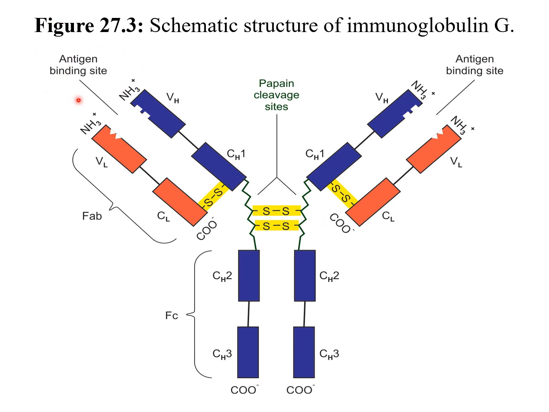Then the antigen binding site. This FAB region contains the antigen binding sites. Then the FC region has two domains, CH2 and CH3 domains, while the FAB region has the CH1 domain in the heavy chain.